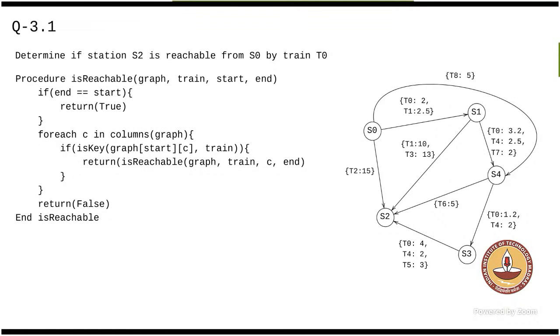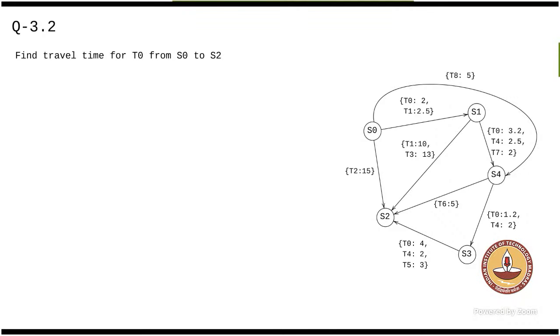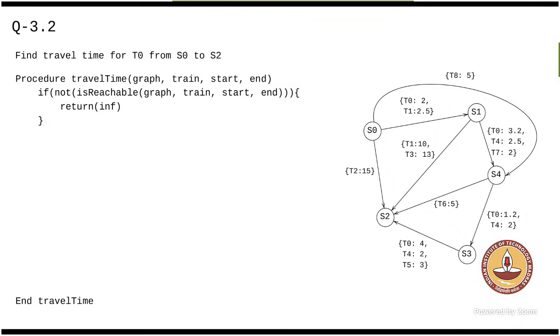Okay, so we'll move on now to the travel time. Let's say you take the train T0 and you want to find out how long it takes to reach S2 from S0. It's slightly big code, but I'll quickly go over this in the interest of time.